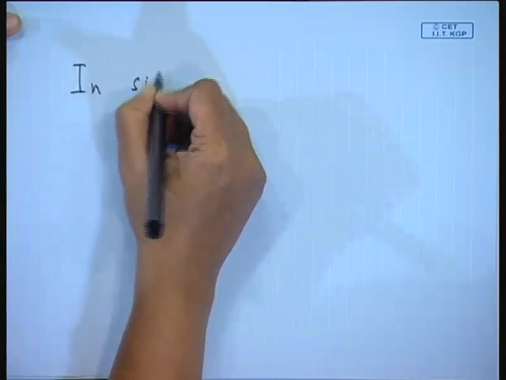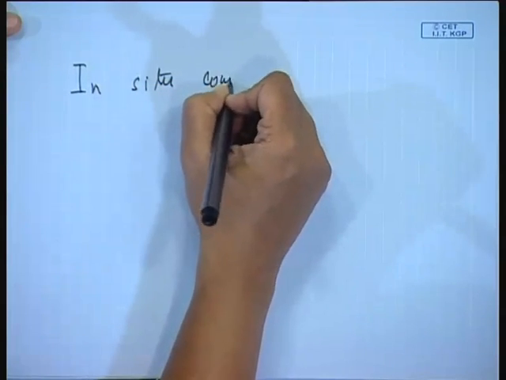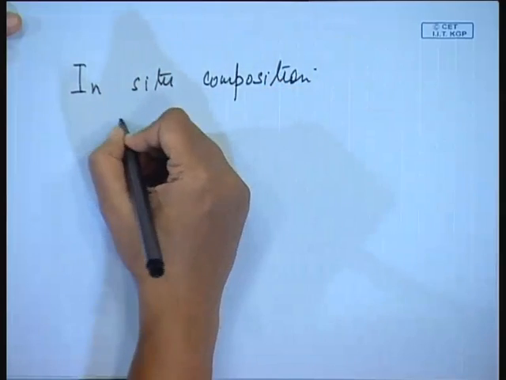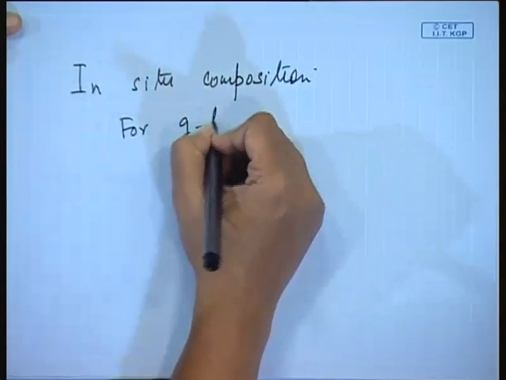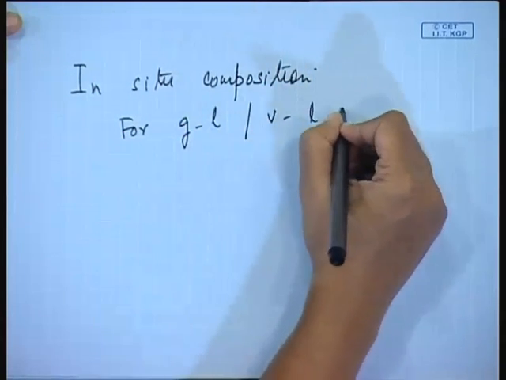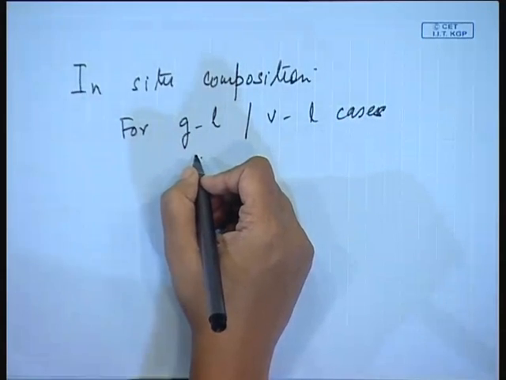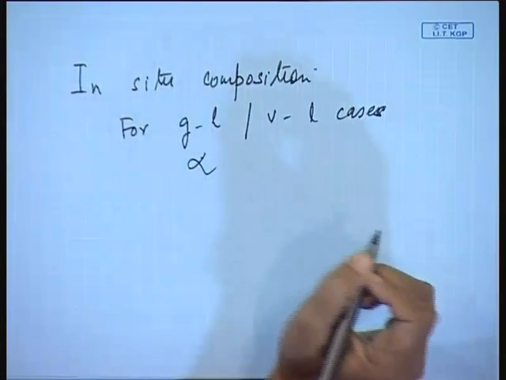Okay. This I had already mentioned in the introduction part also. So, therefore, we need to have two particular parameters to define the composition. One of them is going to be the in situ composition, which, for gas liquid or vapor liquid cases, is nothing but the void fraction which we denote as alpha.